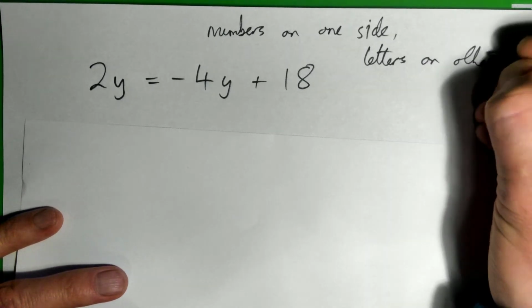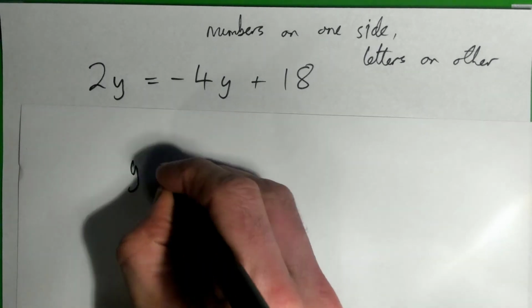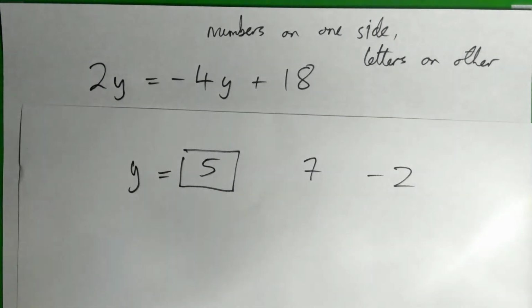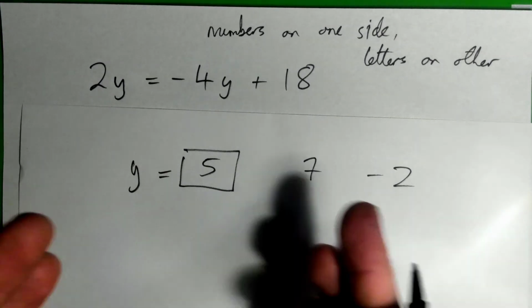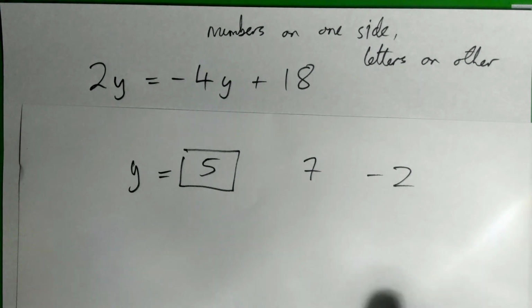Because we're trying to get y equals some number in the end, like y equals 5, or 7, or negative 2, or whatever. Does that make sense? We're solving for y, so you need to get your y's on one side and your numbers on the other, right?